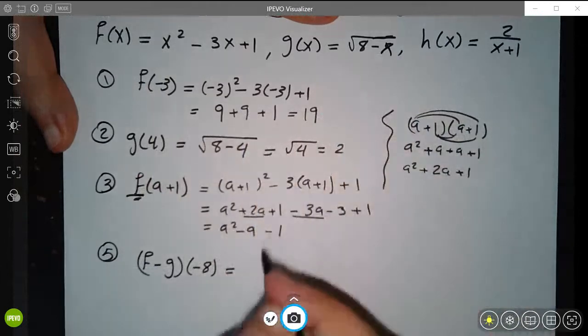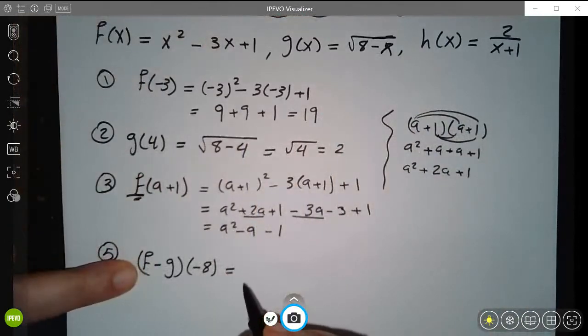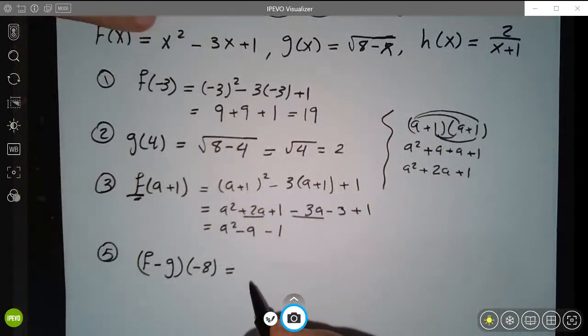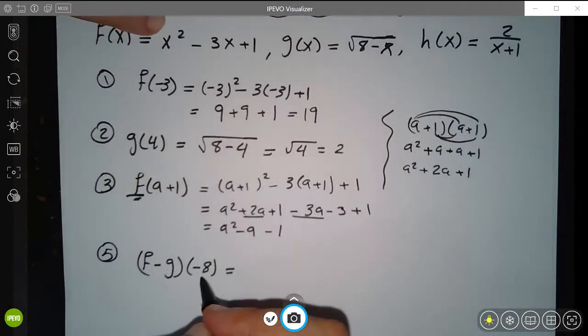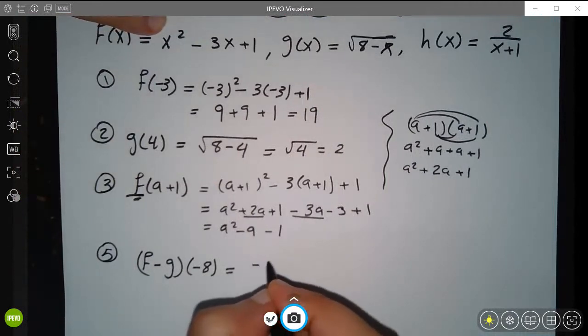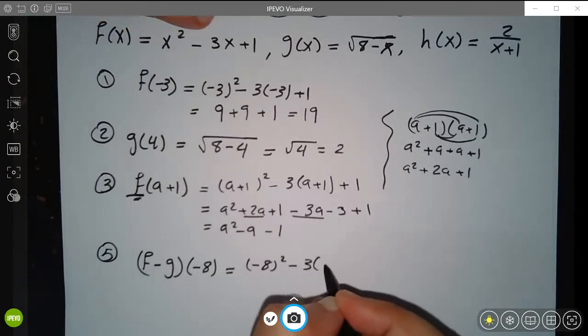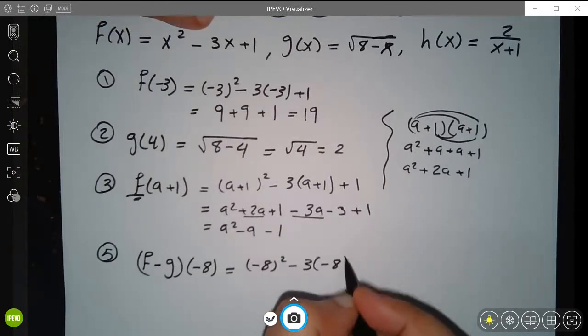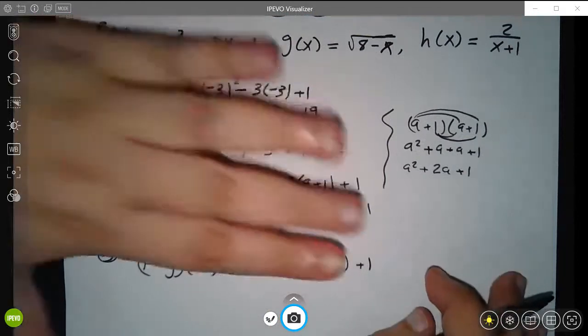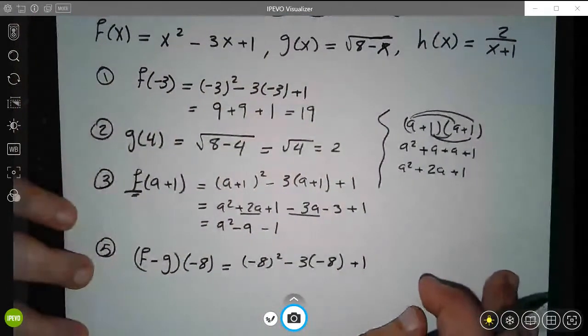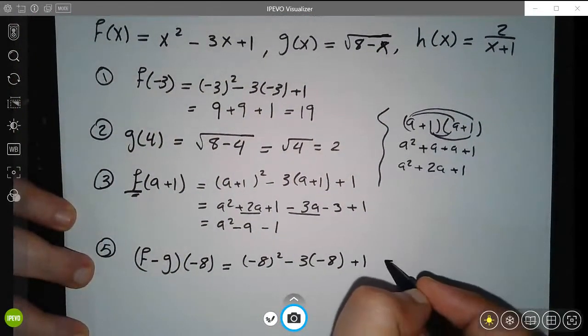Make sense? So first we start with the first one. So f goes first. You grab this and you plug in negative 8 for every x. So we have negative 8 squared minus 3 times another negative 8, and then plus 1. That's my first function. Okay? Second function, minus.